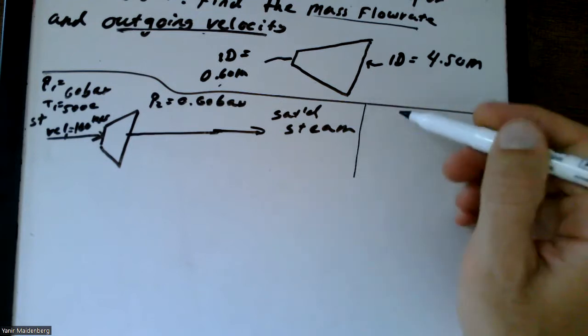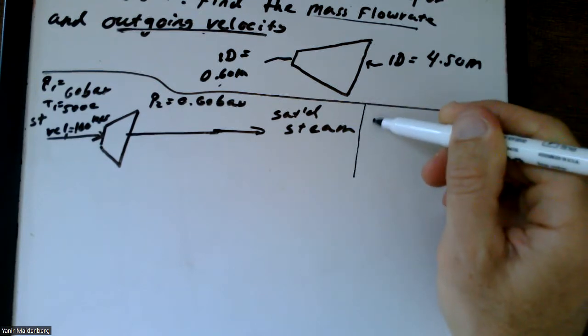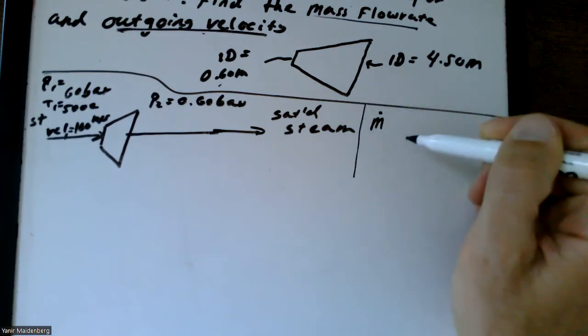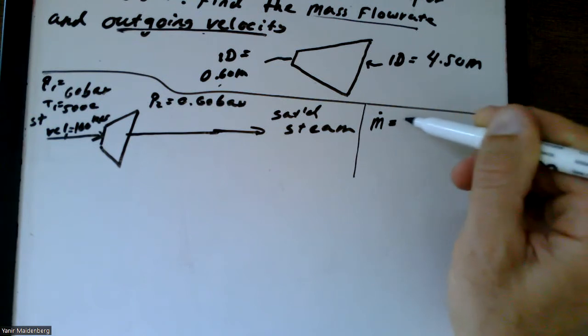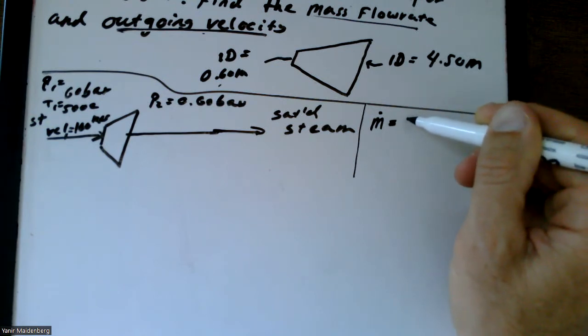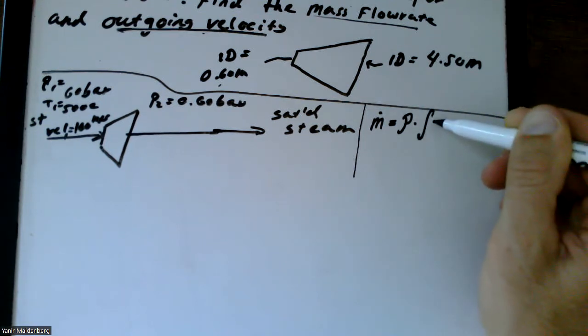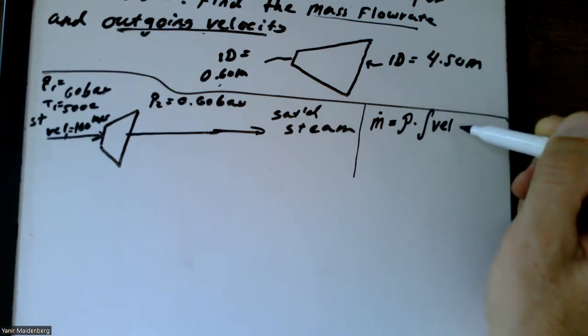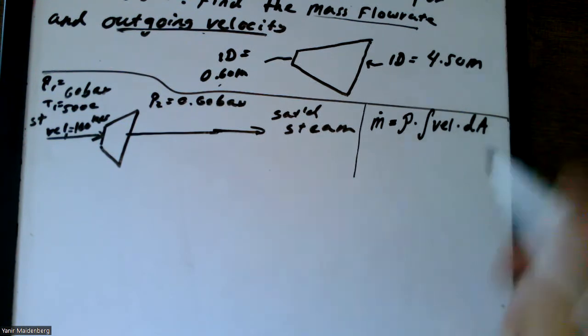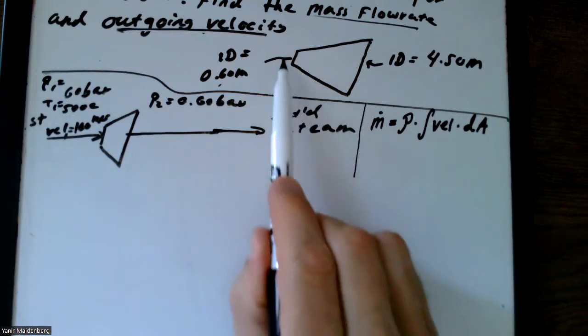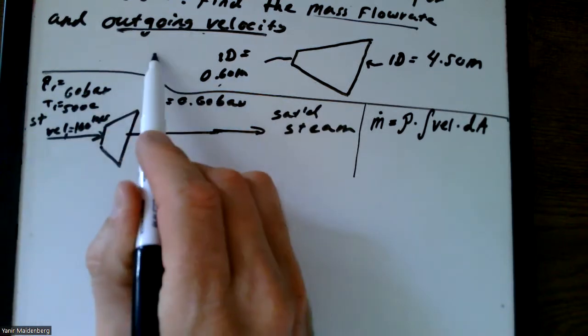I'm just going to go here. So if we're looking at a mass flow rate, as we saw in the notes, it's the integral of the density, which we'll assume for this case remains constant, of the velocity with respect to the area. So we're going to assume this thing, if you look at it side view, is a pipe.